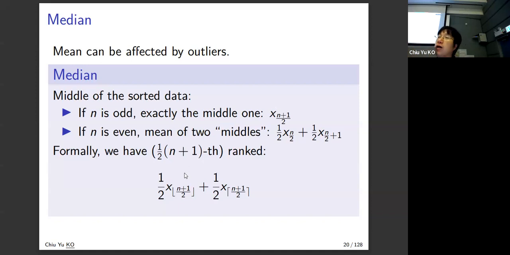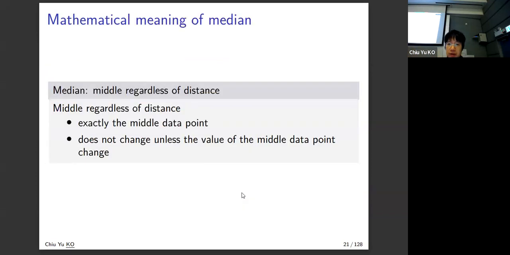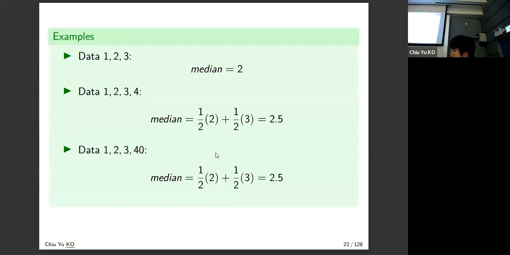That's why I have to talk about floor and ceiling. Okay. So the interpretation is in the middle, regardless of distance, exactly the middle guy. Okay. So let's have an example.